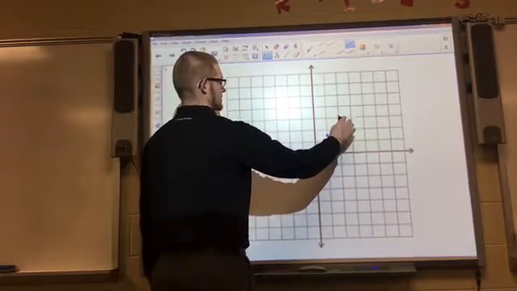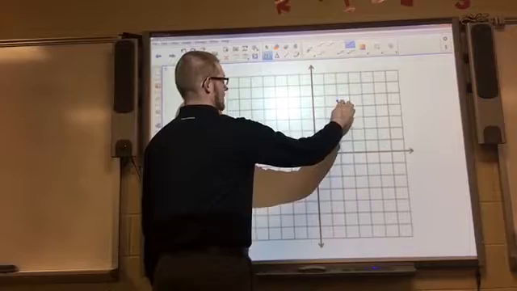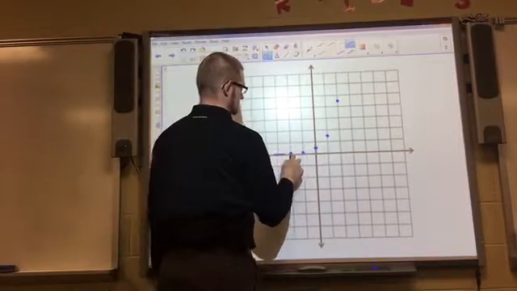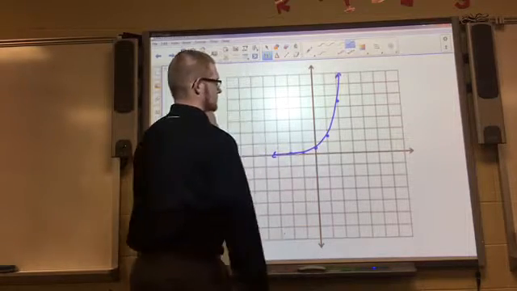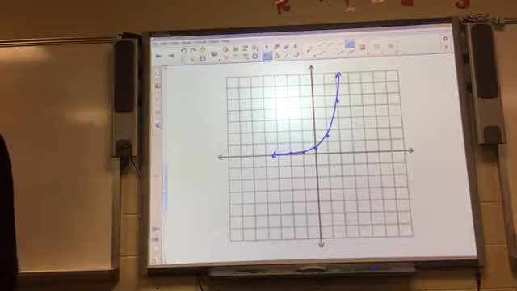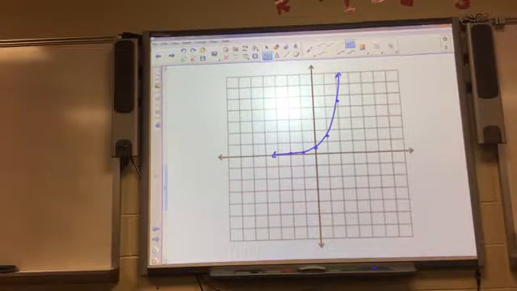So 2, 4, 6, 8, 9. Then I have my graph of my exponential function. Is that a growth function? Is it getting bigger? Yeah, it is. Now we're going to have some rules for a growth function in a second.